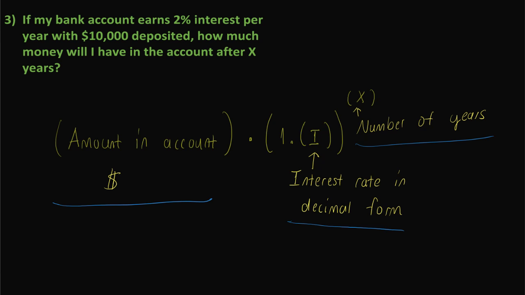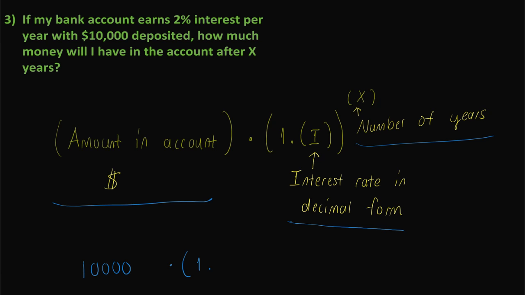So if we wanted to know after 5 years how much is in the account, that's pretty easy. So we just plug in our numbers to the formula. So the amount in the account at the start is 10,000 times, I have in parentheses 1 plus i. The i is the interest rate in decimal form. So in this case, we're getting 2% interest on our money.